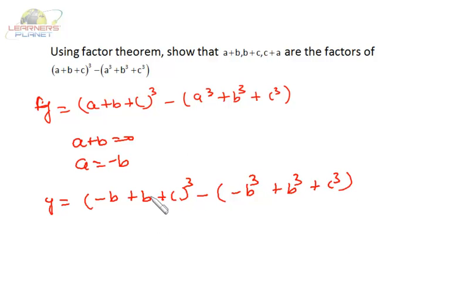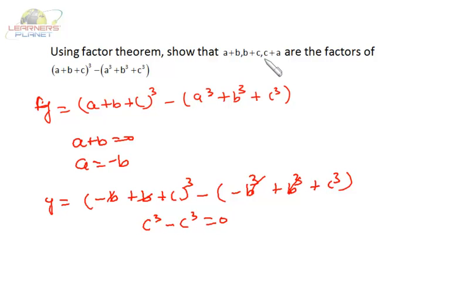So it is c cube minus c cube, that is 0. That means if we put a is equal to minus b in this expression, its value becomes 0. That means a plus b is a factor of this polynomial, or we can say expression.